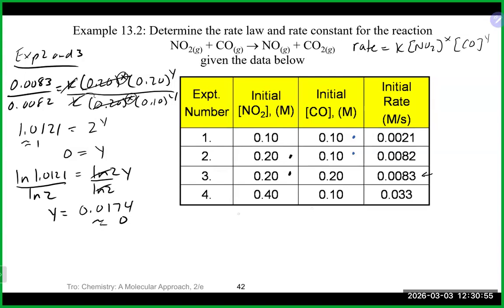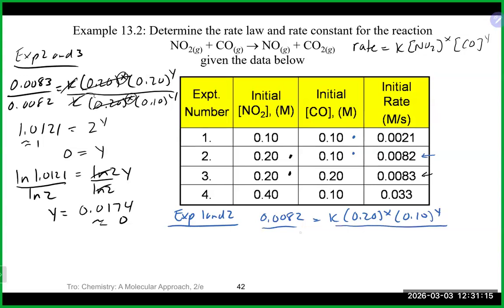And again, if you chose 1 and 4 or 2 and 4, you should hopefully end up with the same answer at the end. So looking at experiments 1 and 2, I'm going to go with 2 up on top as it's the larger value: 0.0082 equals K 0.2 to the X, 0.1 to the Y. I'm going to put everything for 1 on the bottom: 0.0021 equals K 0.1 to the X and 0.1 to the Y. Once again, dividing here, not perfect, nice whole numbers.